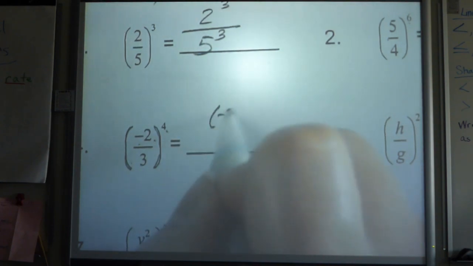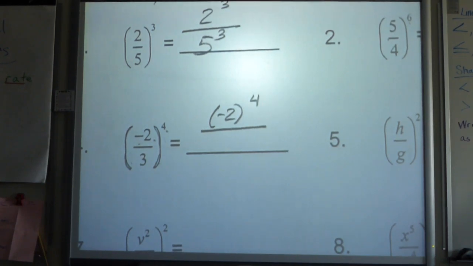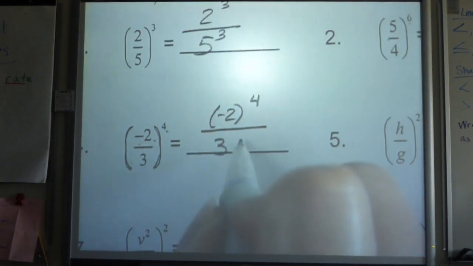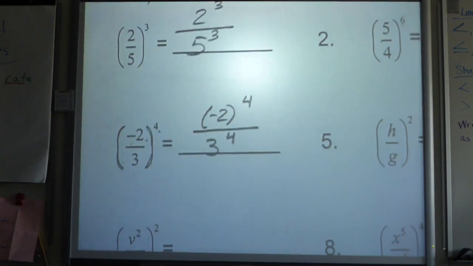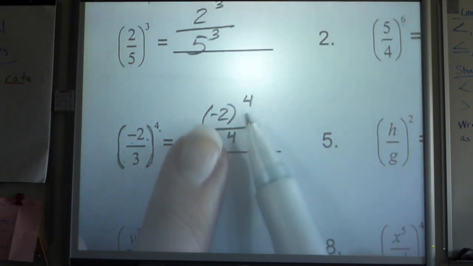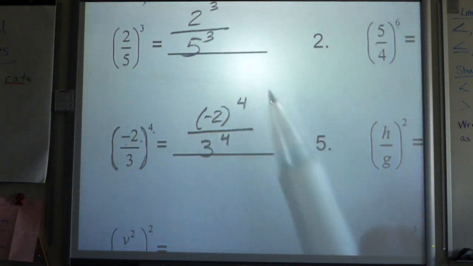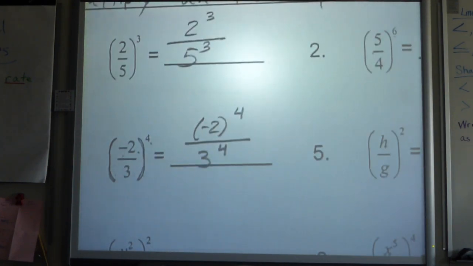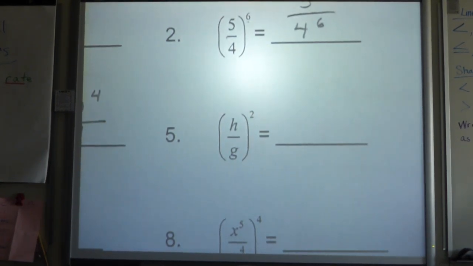So it is -2 to the 4th over 3 to the 4th. All right, and we're not going to evaluate that. We know that our answer is going to end up being positive. We have a negative raised to an even power. We talked about even powers of negatives give us positive answers. Okay, number 5. H over G squared. What will this simplify to?